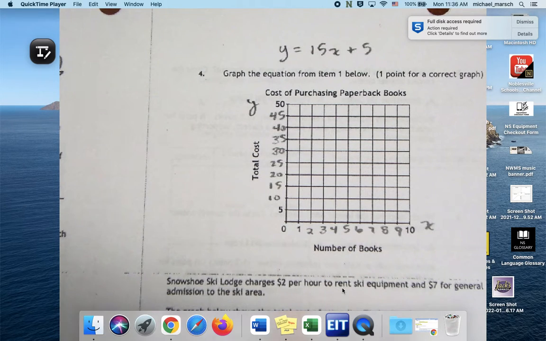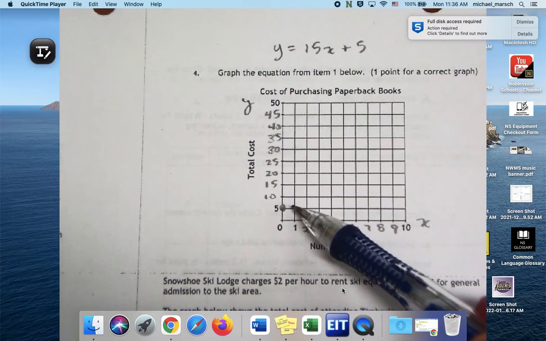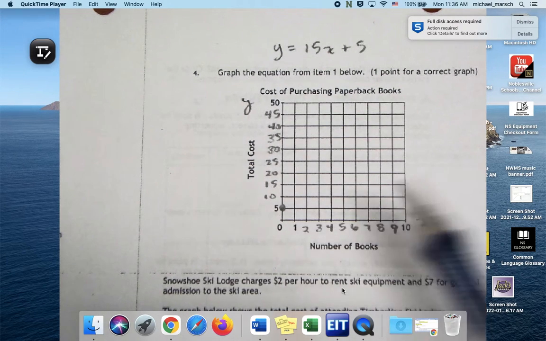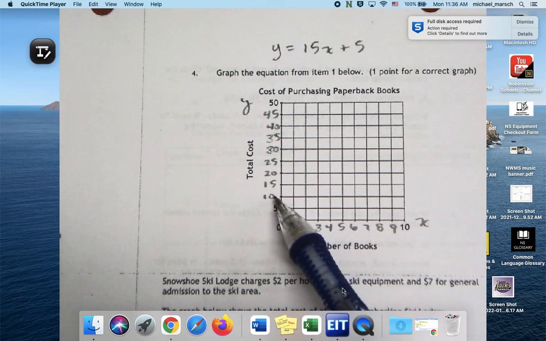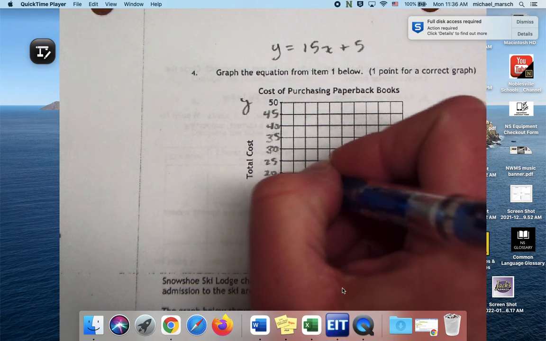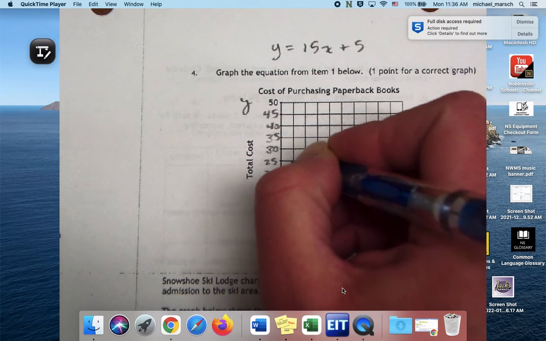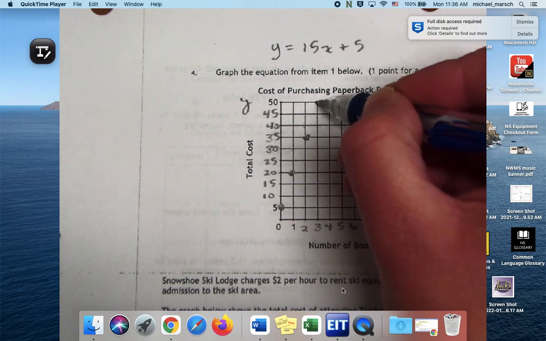And then I'm going to plot my y-intercept, which is at 0, 5. I pay that one-time shipping fee. And then remember, the increments are going up by 5s. So I'm only going to go up 3 lines because $5, $10, $15 over one book.